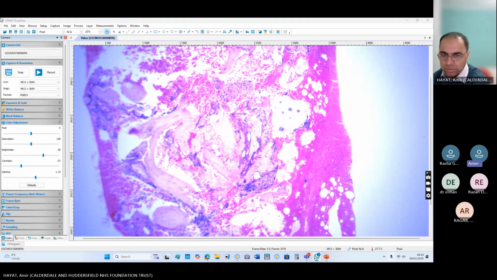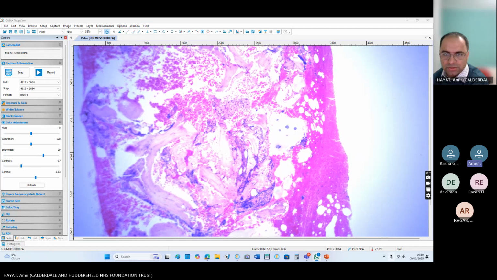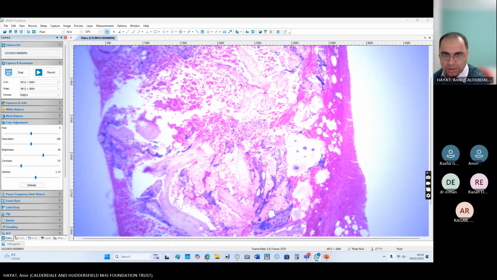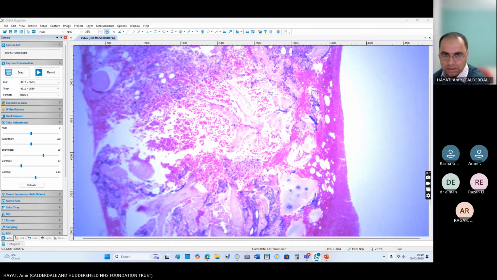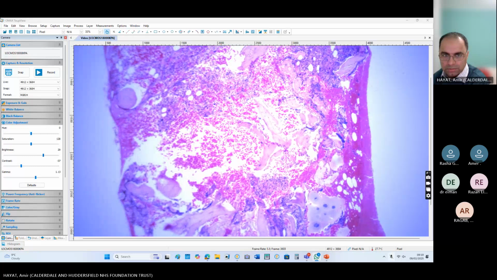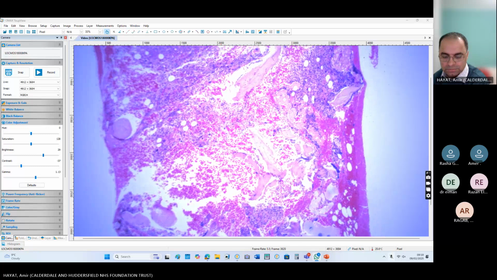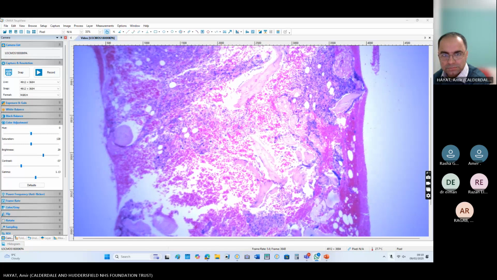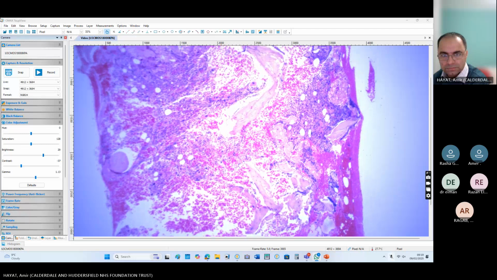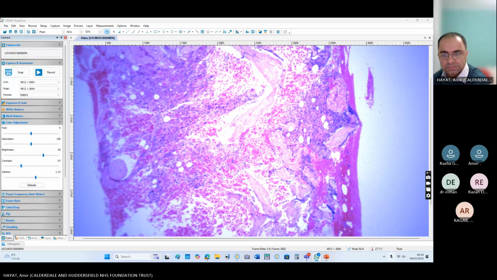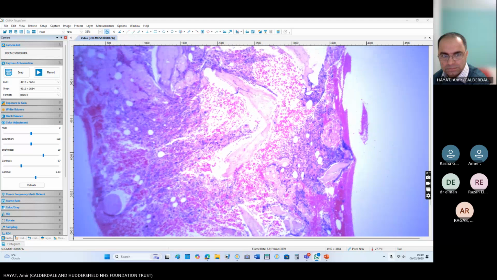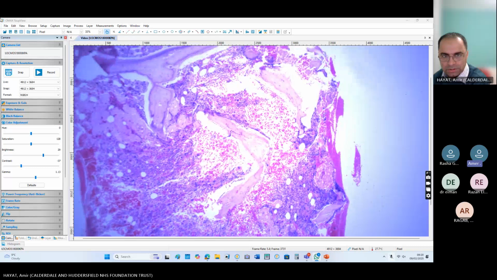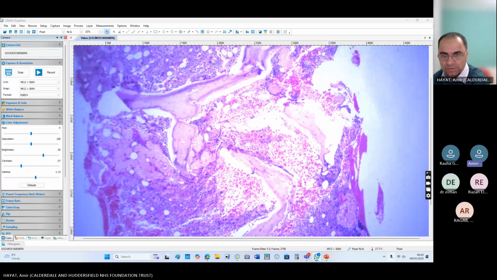Giemsa stain will only come for systemic mastocytosis because mast cells like Giemsa stain. Do you have any comment on this power 4?